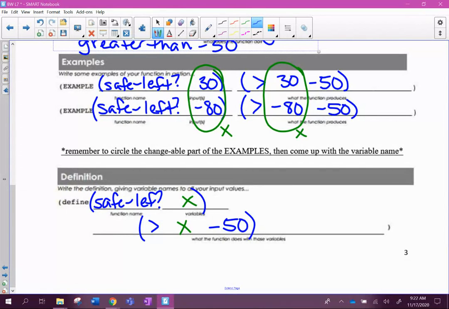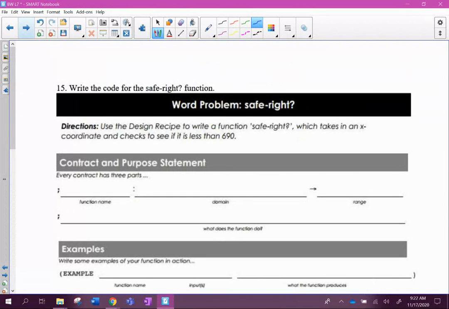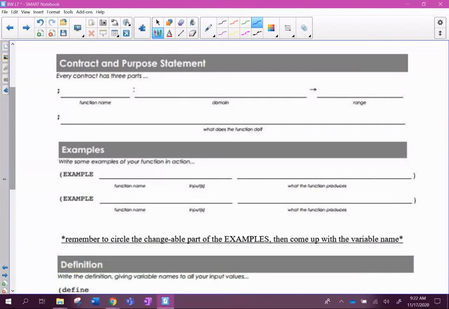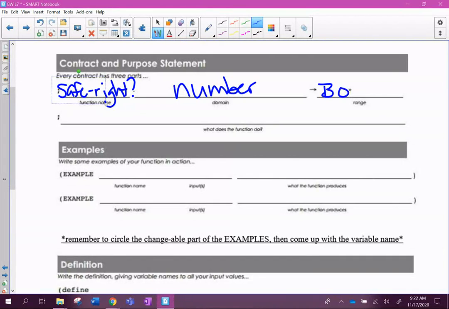All right. So we are also going to write the code for the safe right function. That's almost the exact same thing. So we have safe right that takes in a number and gives me a Boolean.